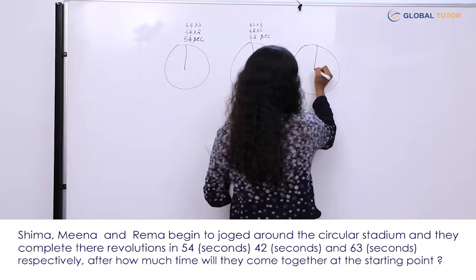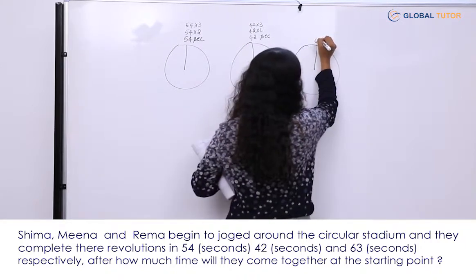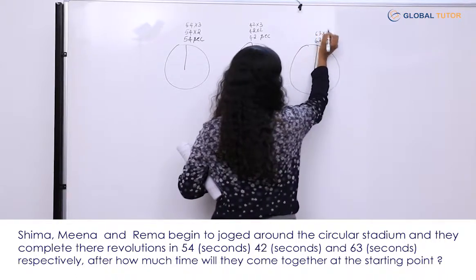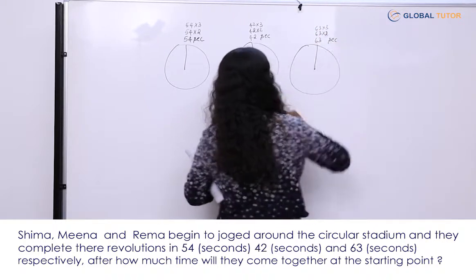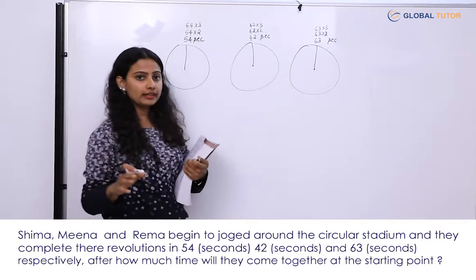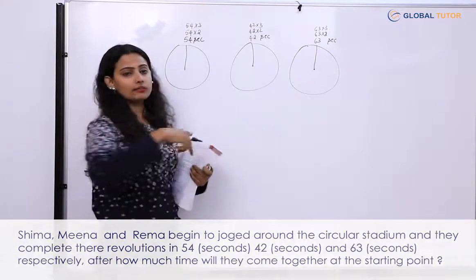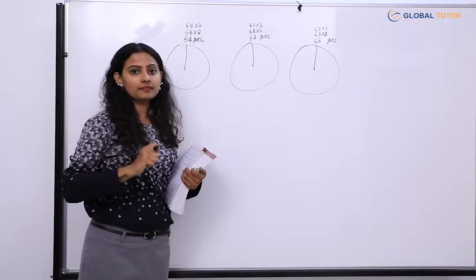And the third girl will finish her revolution at 63 seconds, and 63 into 2, 63 into 3 and so on. Now we need to find out at what time all three will meet at the starting point again.